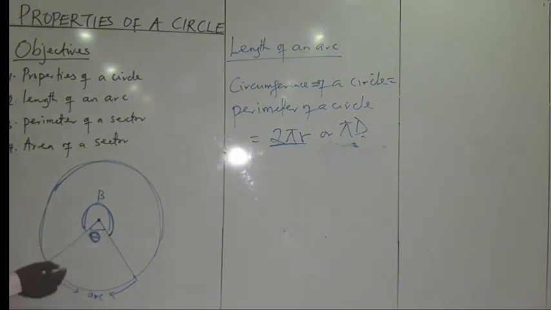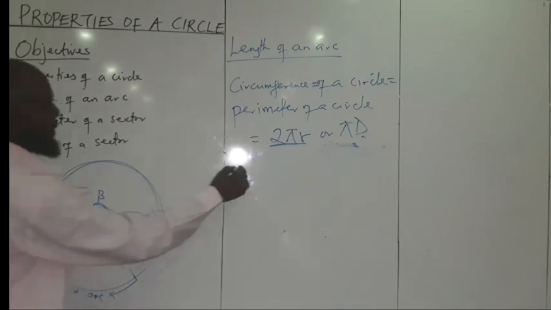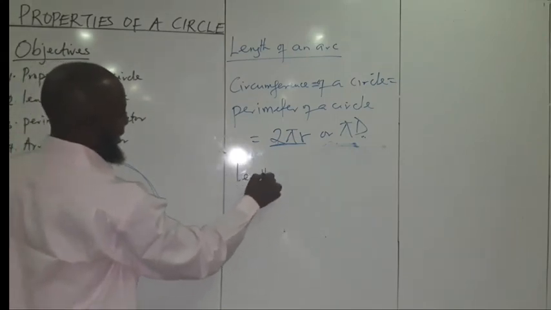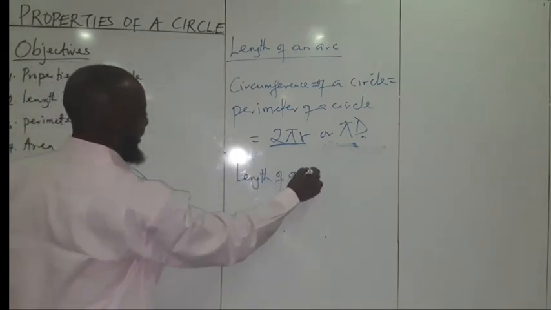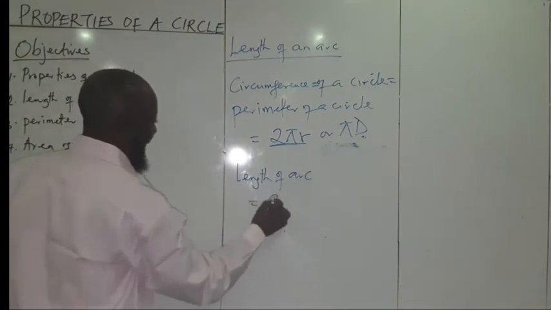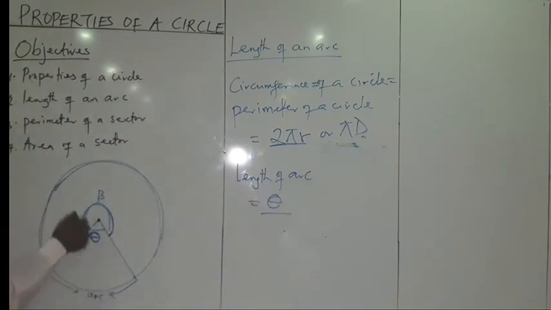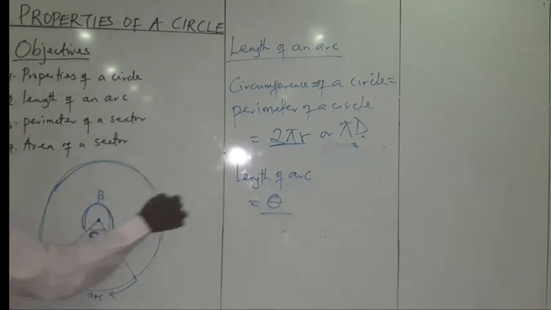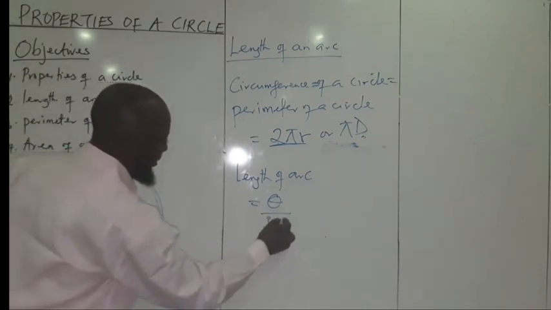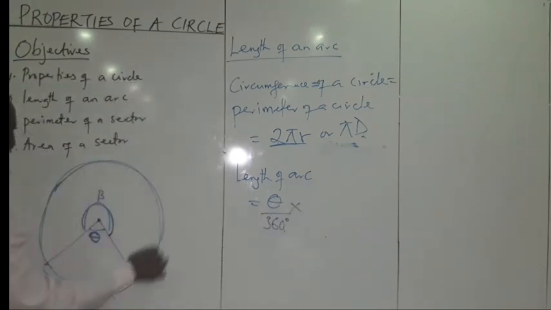So in this case, this arc is a fraction of the circumference. Because it's a fraction, length of arc is equal to theta out of the whole angle, which is 360 degrees, times the length of the circle, the total of it.